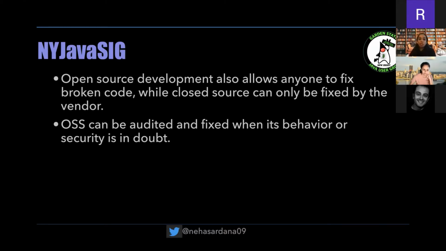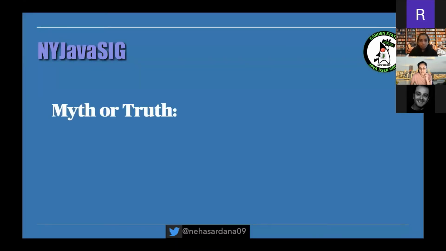Whereas if you are doing open source development, if you find a bug in your open source software, you just fix it and submit your code itself. So that changes a lot of things. It's a faster cycle and it's easier. And as I mentioned earlier, it can be audited, it can be fixed when the behavior or the security is in doubt. So there are always a lot of eyes checking open source software in the world.